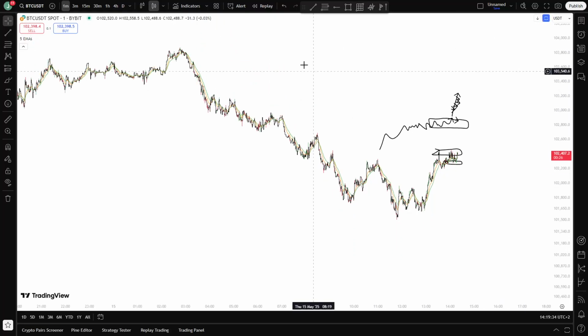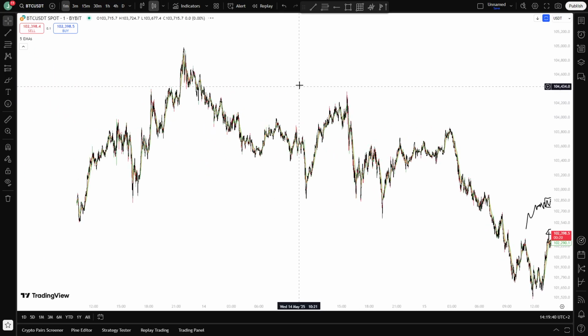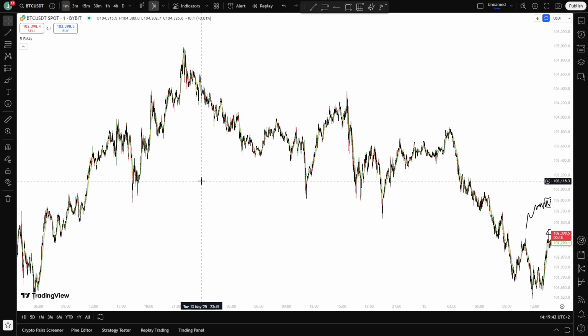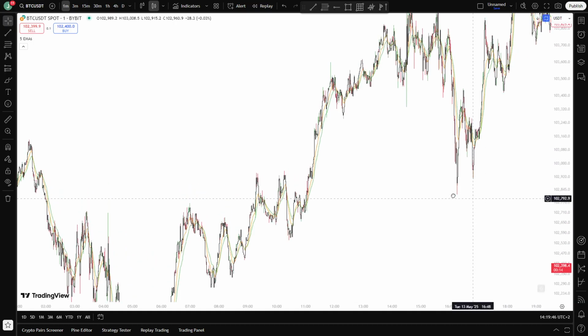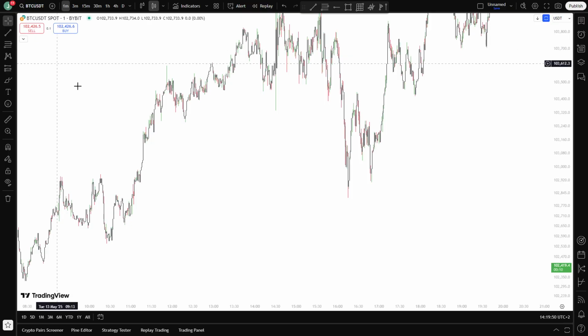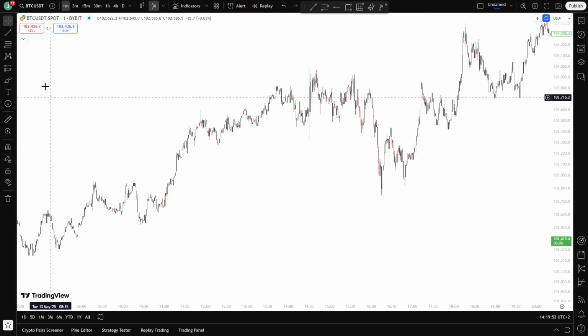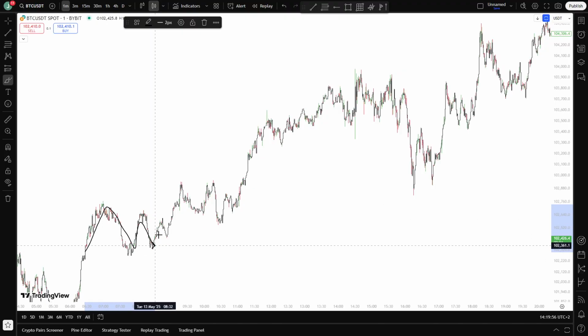Okay, I'll try to find a little example where we came back into such points. Yeah, here we go. A perfect example. Let me remove this first to illustrate it a little bit easier. We see this upwards trend.